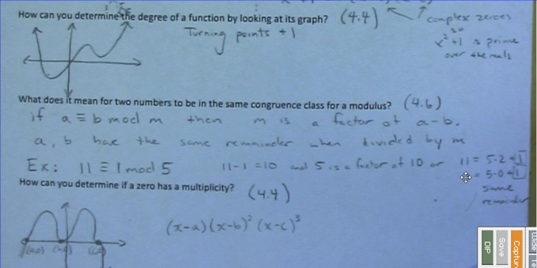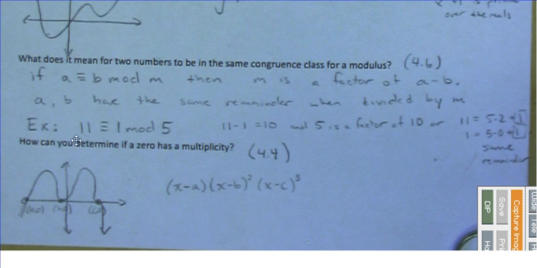If I were to write 1 as 5 times a number plus a remainder, I would write it as 5 times 0 plus 1. And we can see that both 11 and 1 have the same remainder. So they are in the same congruence class because they have the same remainder for that modulus.